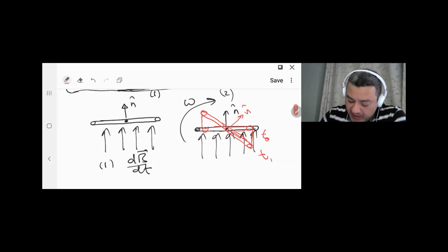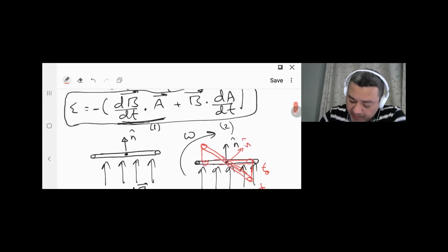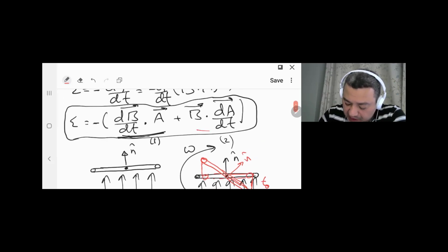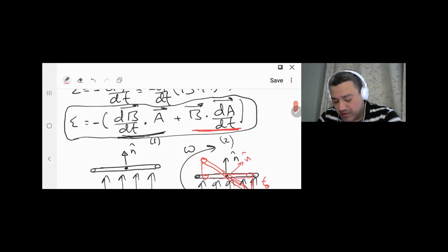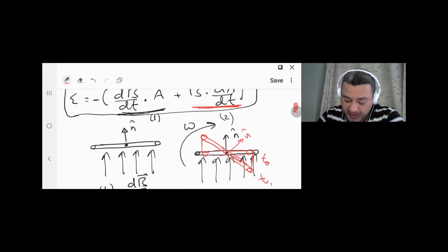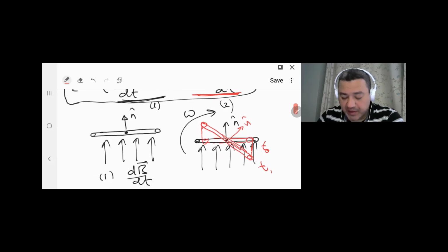In this case, I will call this technique motional electromotive force. So we have two ways to induce electromotive forces. The first one is by having the loop stationary while the magnetic field is varying with time. And this is what we call transformer electromotive force.